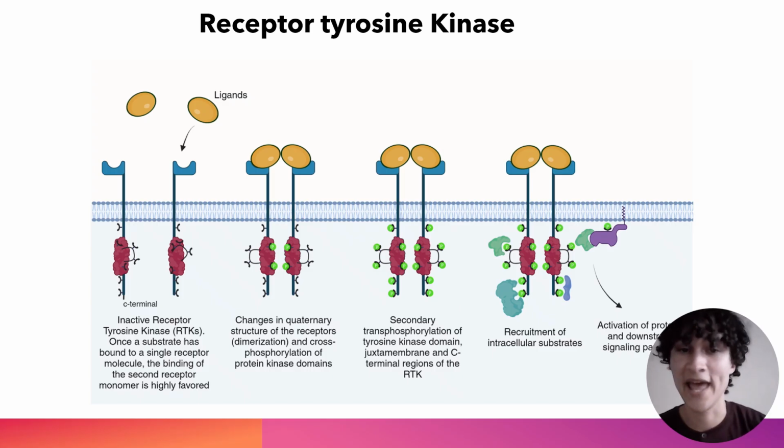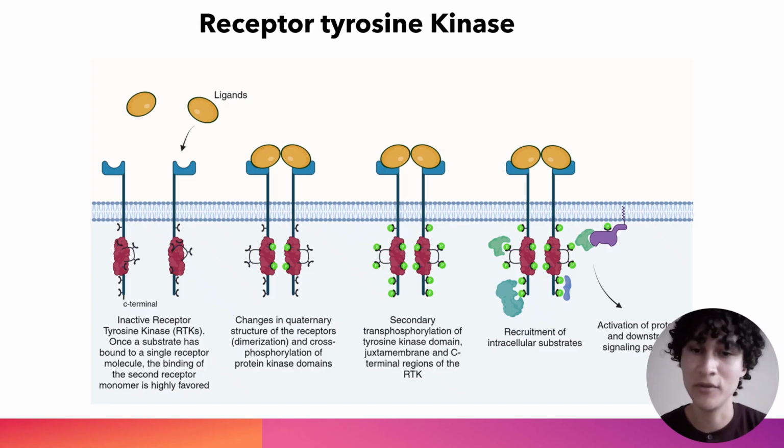When you get ligand binding, when insulin, for example, binds to these RTK receptors, it causes a change in the quaternary structure and facilitates dimerization of these receptors. So two RTK receptors can come together, and then you get cross phosphorylation, or autophosphorylation, and that phosphorylation results in another conformational change.